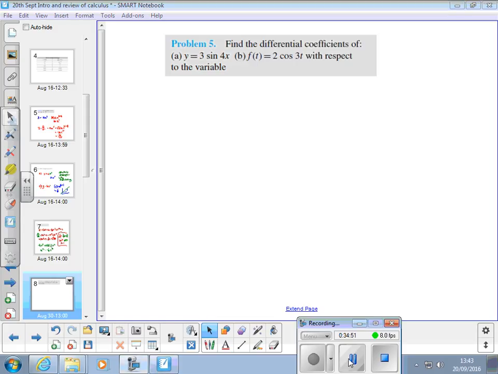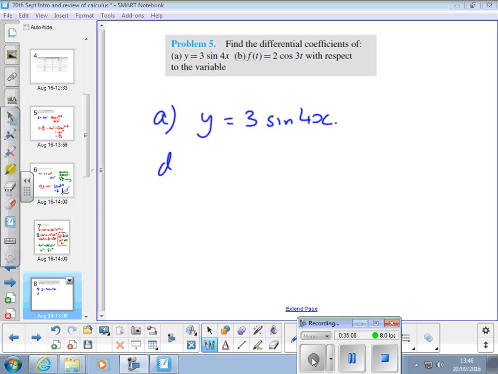Right then, y is equal to 3 sine 4x. What do we do with that to find dy by dx? Bring the 4 down.